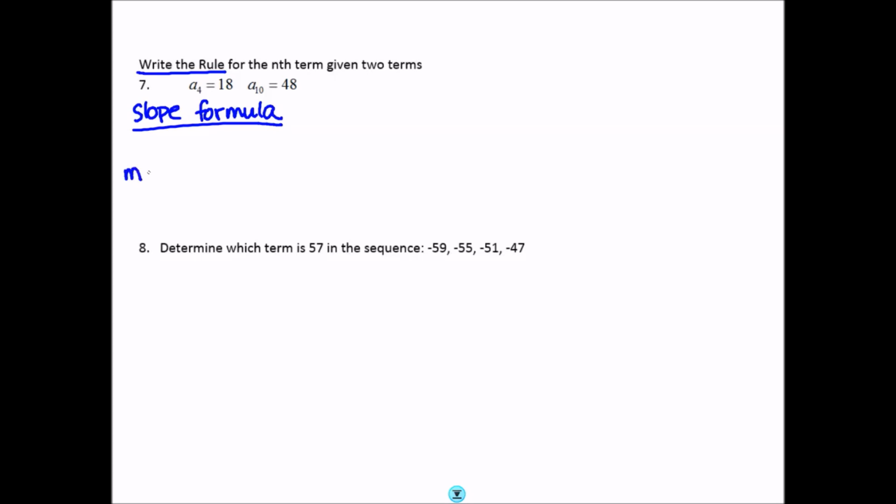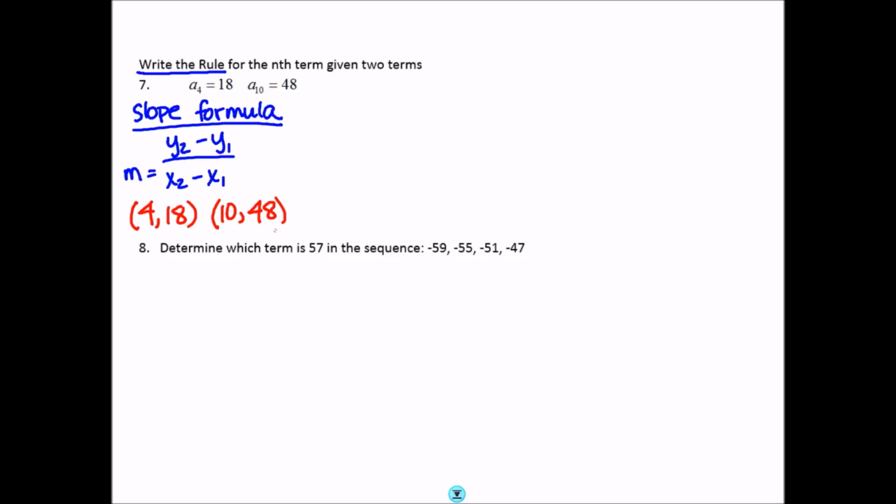So in Algebra 1, it was m equals y2 minus y1 over x2 minus x1. So for this example, a sub 4 equals 18 is kind of like writing the point 4, 18, and a sub 10 equals 48 is like the point 10, 48.